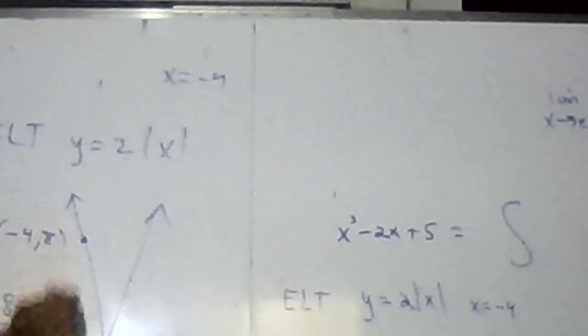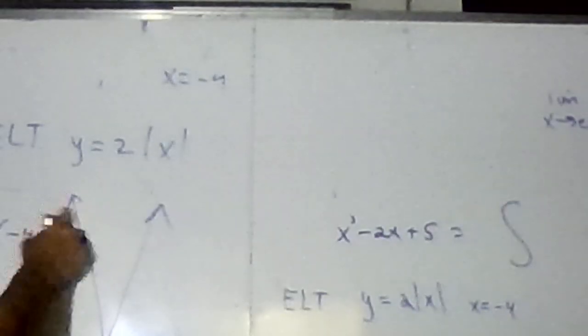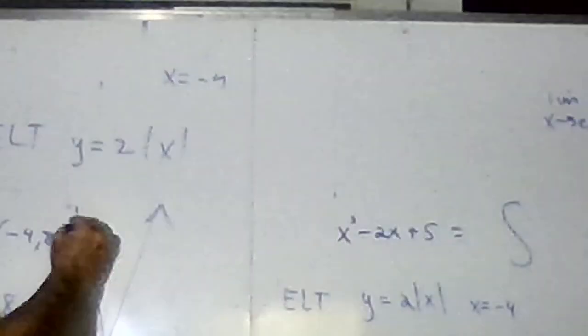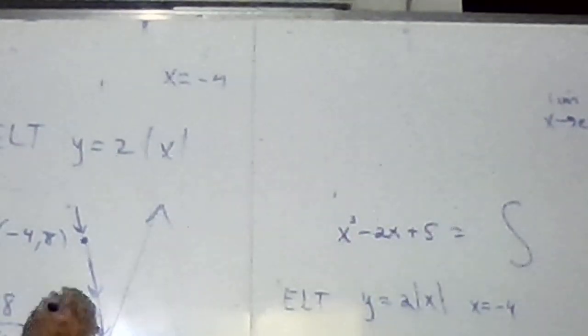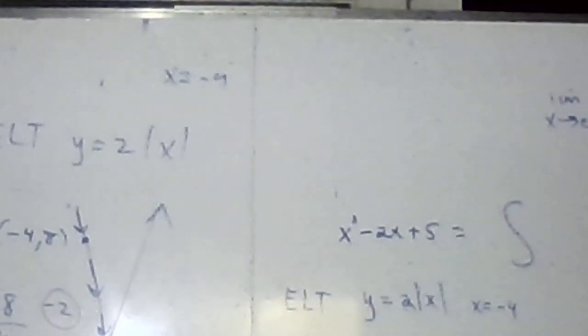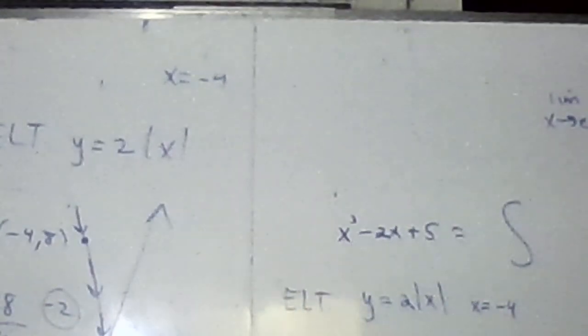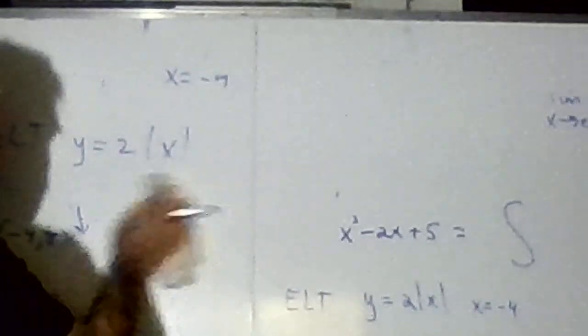So I'm actually going down at 2 to 1. Don't let this arrow fool you. We read graphs from left to right, and there's a constant rate of change there, and it's negative 2. I wonder if you can guess what it is on the other side. All right, so there's another problem done.